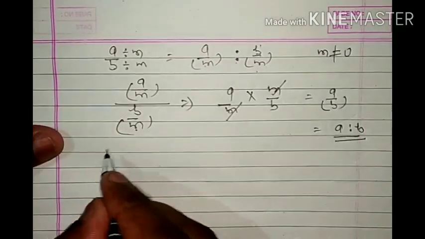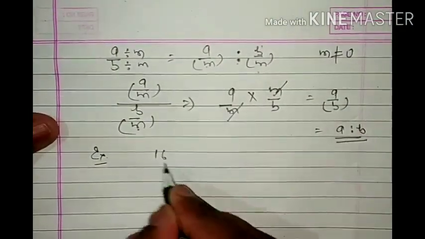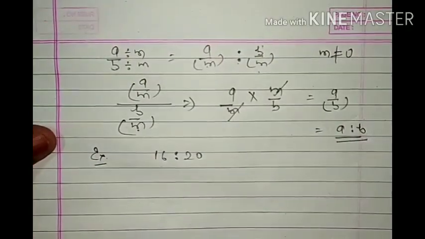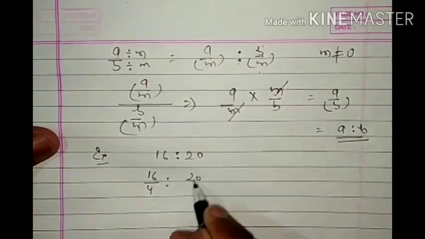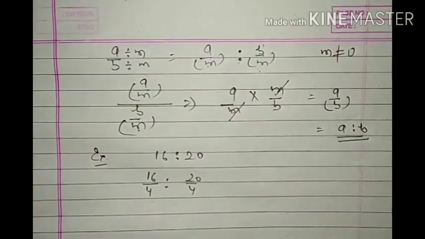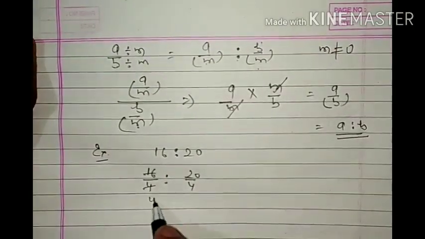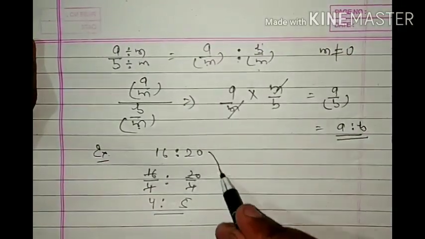Let's take an example. Suppose we have a ratio 16 ratio 20. I am dividing 16 by 4 and 20 by 4. Will it change the ratio? 4 4 ja 16 and 4 5 ja 20. What do we get? 4 by 5.